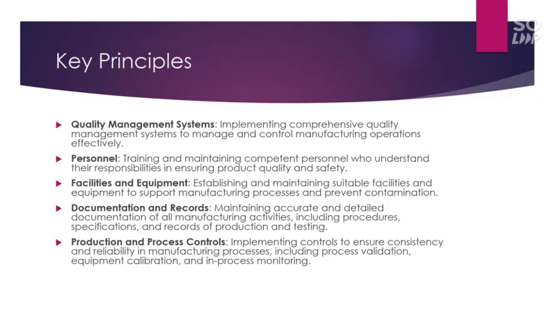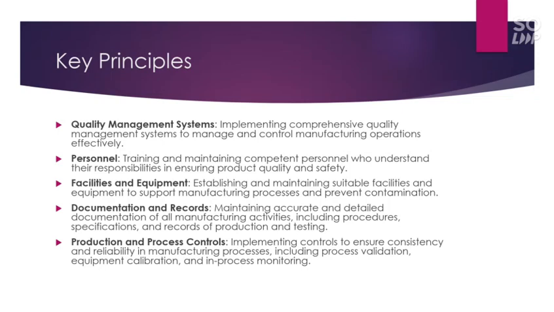Key principles: quality management systems, implementing comprehensive quality management systems to manage and control manufacturing operations effectively. Personnel, training and maintaining competent personnel who understand their responsibilities in ensuring product quality and safety. Facilities and equipment, establishing and maintaining suitable facilities and equipment to support manufacturing processes and prevent contamination.